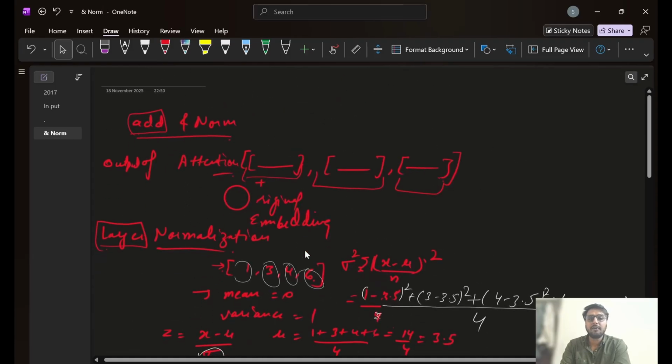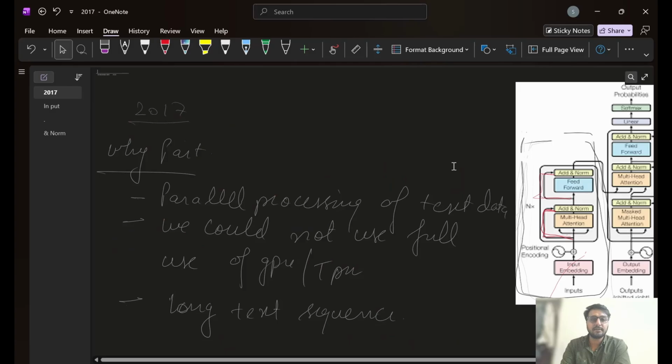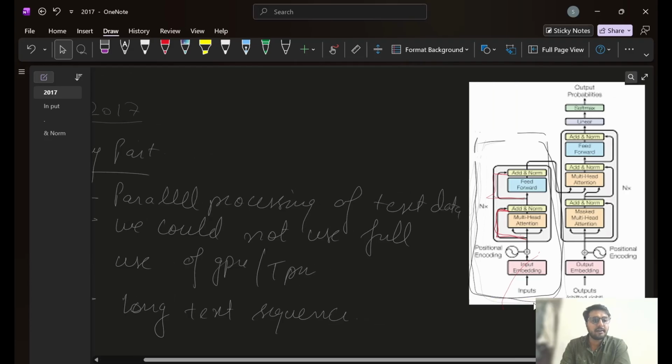Okay, so now I guess we covered all the components inside the encoder block. Let's recap everything shortly. We have an input of words. First we create unique IDs of the input words.